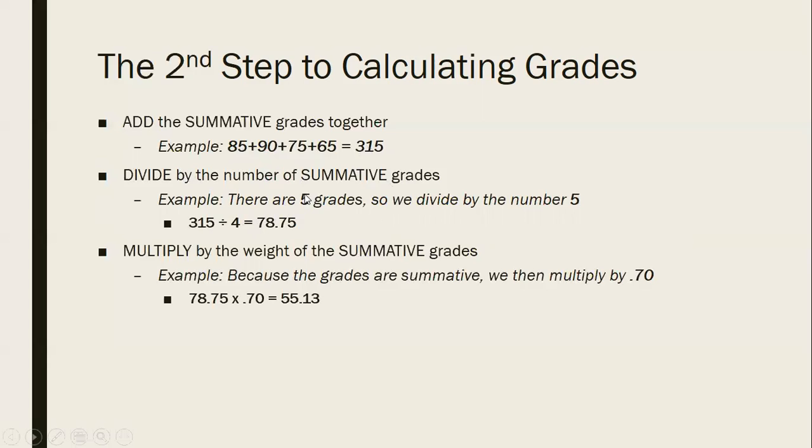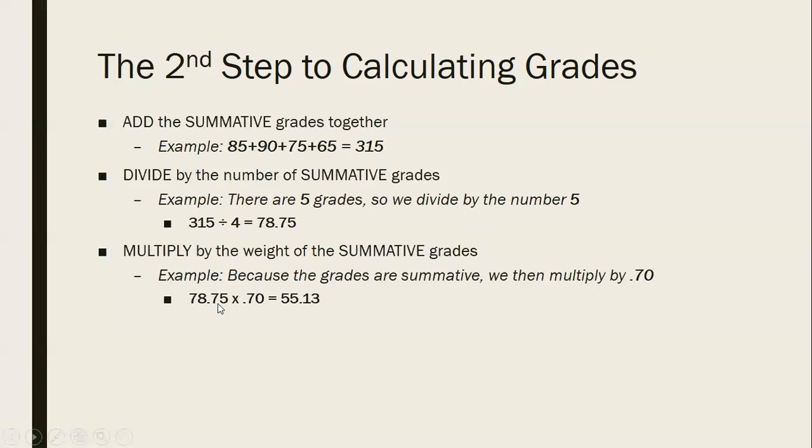And once again, I apologize for the typo. This should be 4. So we divide by the number 4. My apologies. Don't lose me. It's 78.75. Okay? So we multiply by the weight of the summative grades last. Because the grades are summative, we multiply by 0.70, which is 70%.